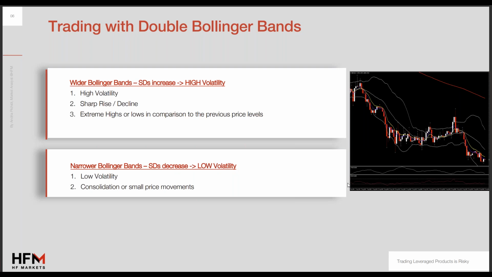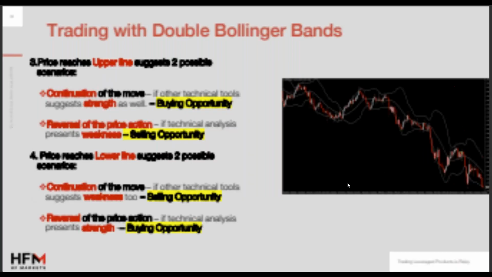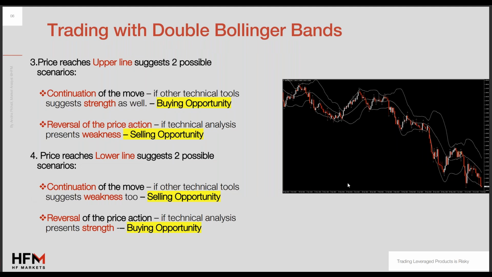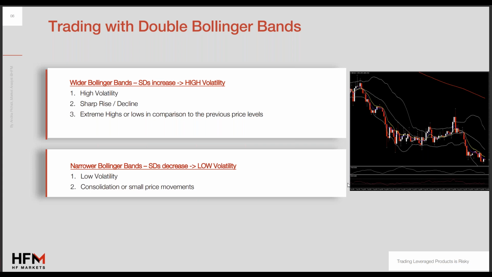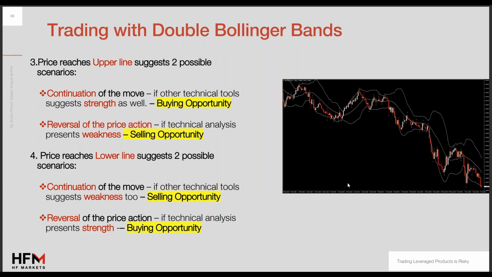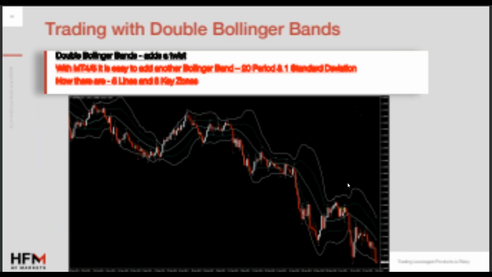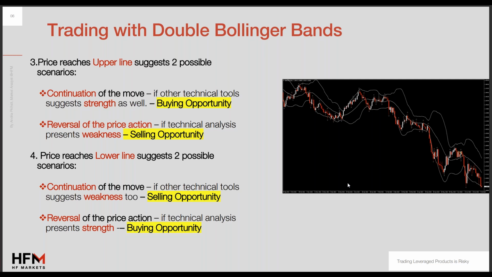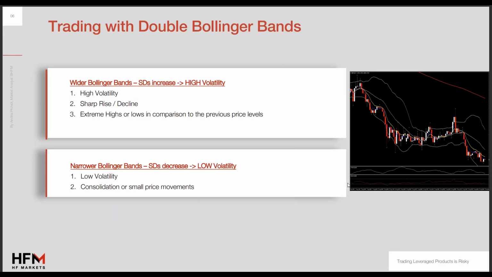Now, we already covered the high volatility and low volatility, and I think just a bit of a reminder, okay. I mentioned that the wider the Bollingers are, the higher volatility that indicates, okay?